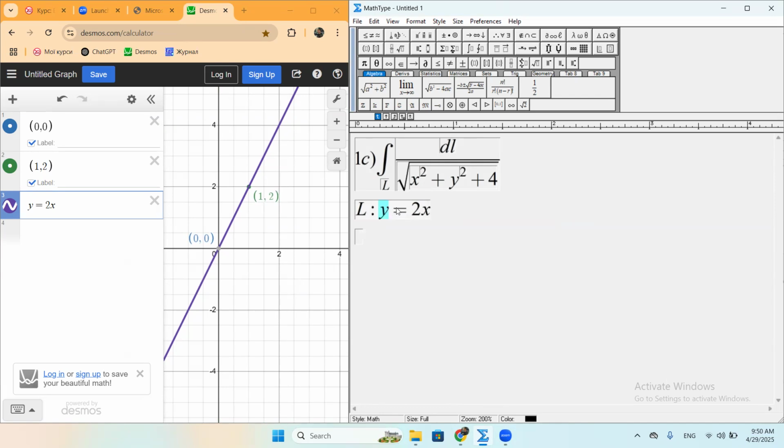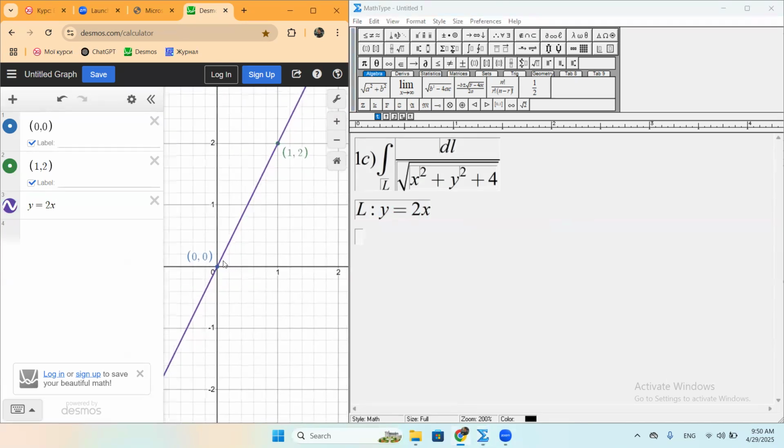So L is such a straight line. x changes from 0 to 1. And what about dl? Now y prime equals 2. So the square root of 1 plus 4 dx, so it is square root of 5 dx.